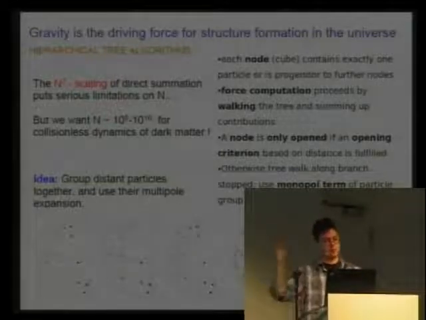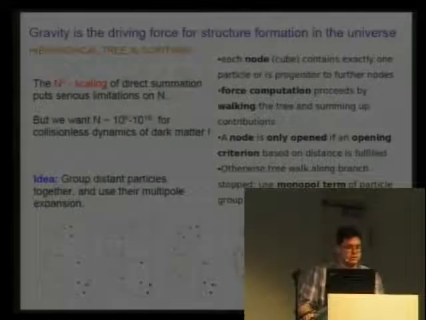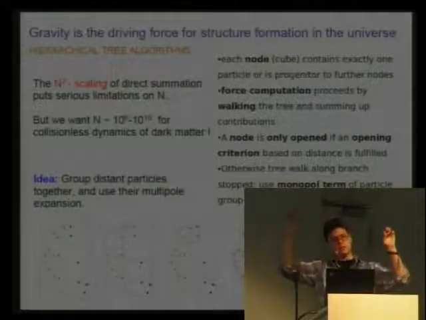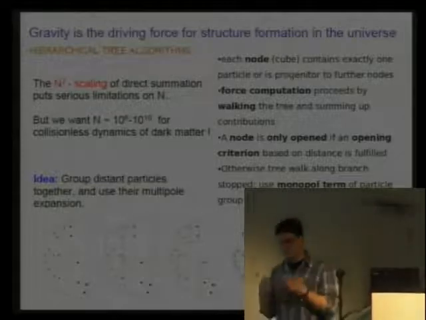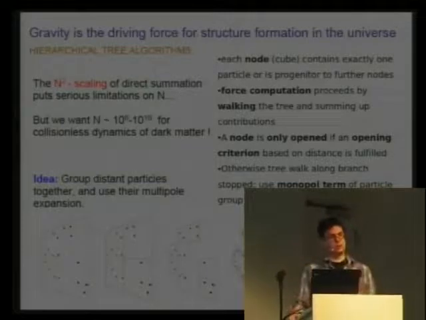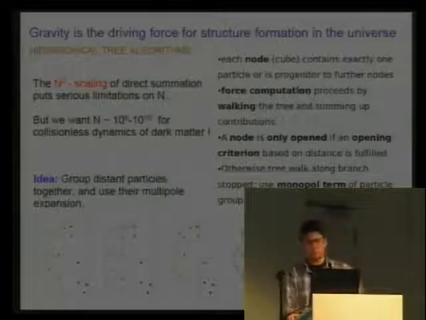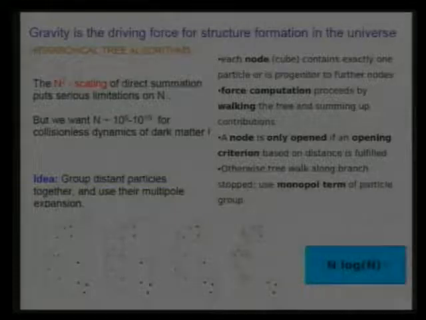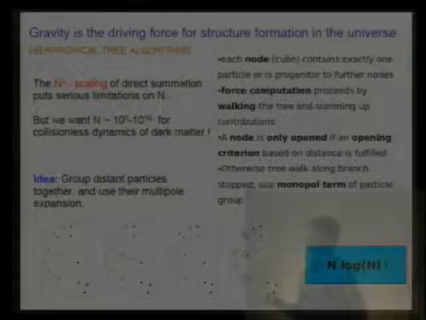As the position, you take the center of mass of this group, and then you can just calculate the forces between these two particles. So you represent the whole group by one particle, and this reduces the scaling of the force calculation to a much better n log n. And the grouping and all these things is done by an octree-like structure. This is shown here.